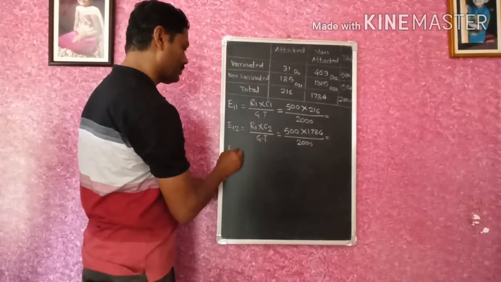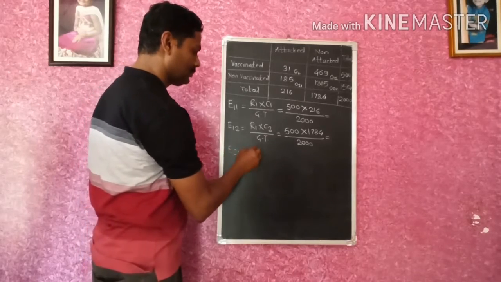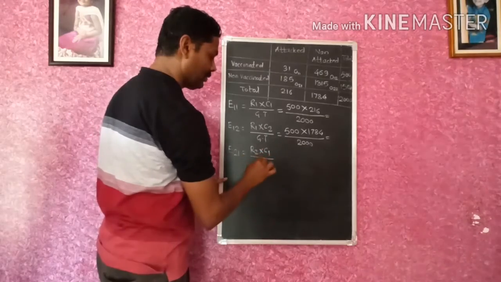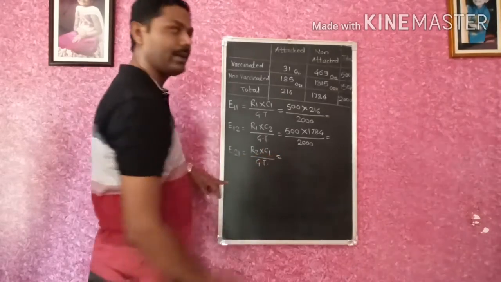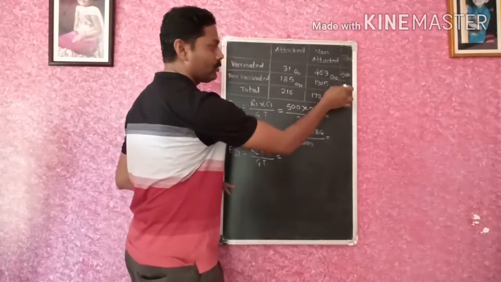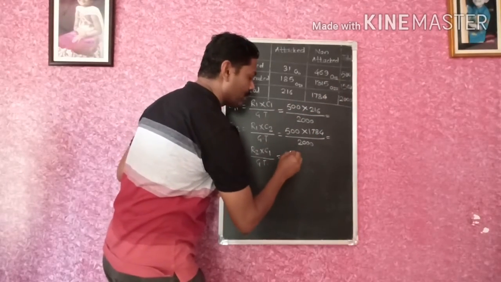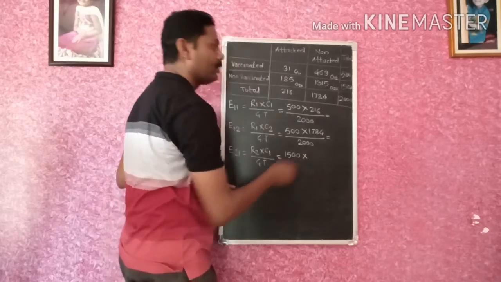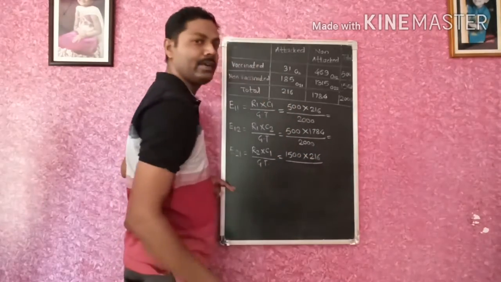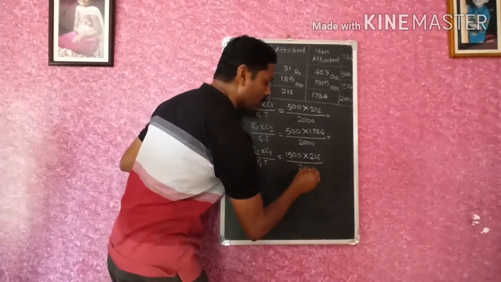The third expected frequency is E21: R2 multiplied by C1 divided by grand total. R2, the second row total, is 1500, into the first column total 216, divided by grand total 2000.